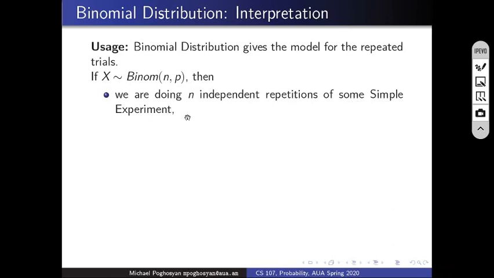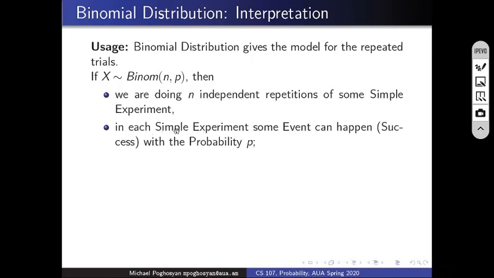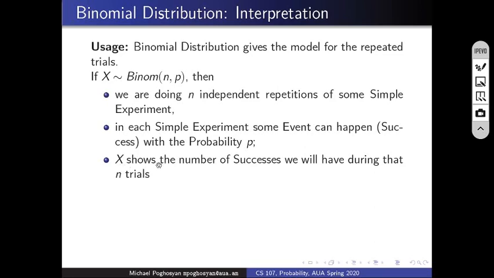In each simple experiment, we have some event which can happen with probability p, and if that event happens, we say that we have a success, and X shows the number of successes we will have during those n trials. So how many successes we will have when doing n independent trials.